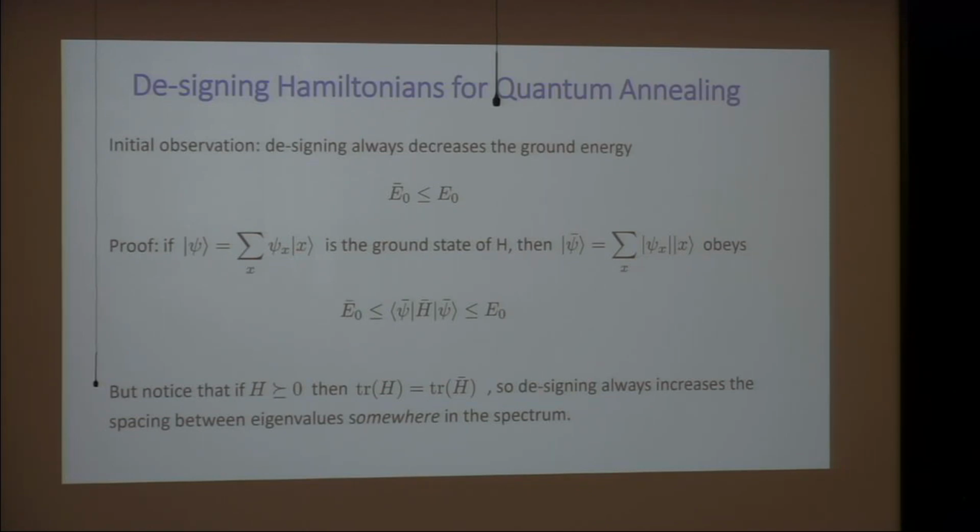I think that would be a very special case, right? So if one version of the Hamiltonian was frustrated, it would be extremely special for both the original Hamiltonian and its de-signed counterpart to both be frustration-free. I wouldn't expect that to happen.